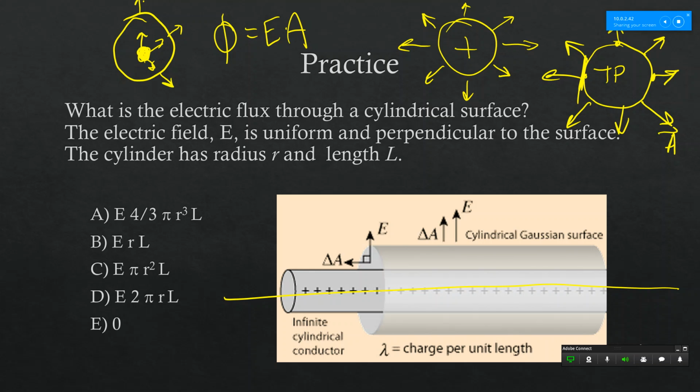At every single point along this toilet paper roll, the dot product gives me a cosine of angle 0, and therefore it's just E times A. And that's perfect because I chose that surface. I chose to use a toilet paper roll. I could have used a much more complicated way to find the flux. I'll tell you what I mean by that once I get to the next example.